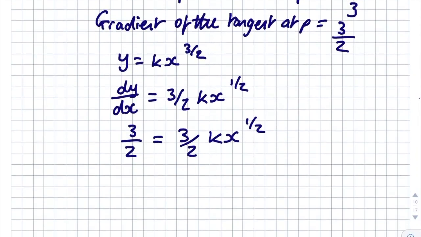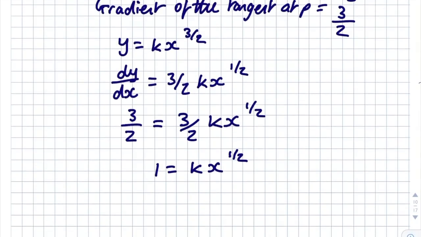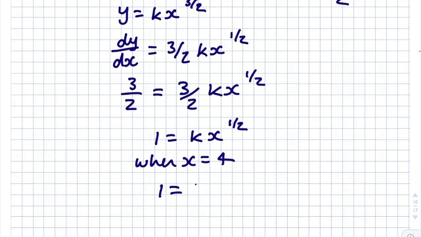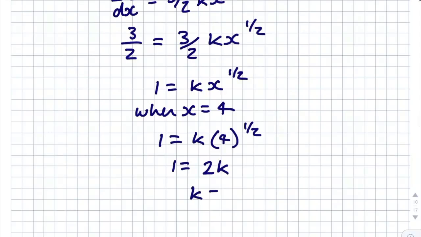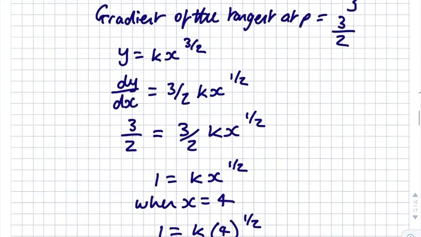If we divide both sides by 1.5, we get 1 equals kx to the power of a half, and we know x at point P has a value of 4, so we can substitute that in. When x equals 4, we get 1 equals k multiplied by 4 to the power of a half. That simplifies to 1 equals 2k. Divide both sides by 2, you get k equals 1/2. So there we've shown that k equals a half.